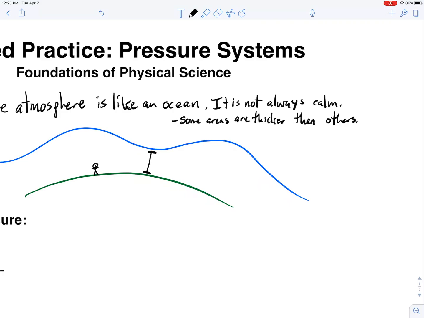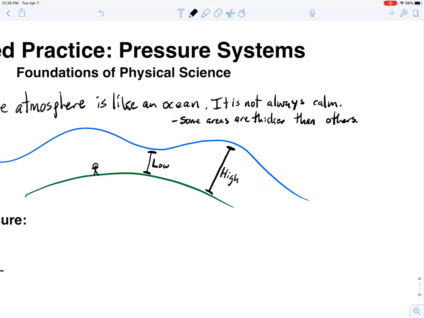Think about this. At the bottom here, between these two waves, there is way less air above your head than there is here. Let's say you're directly below one of these tall waves. Here, you're going to feel lower air pressure than we would feel here, where we would consider this the highest air pressure, right? Because there's more air above your head weighing down on you, there's more pressure.